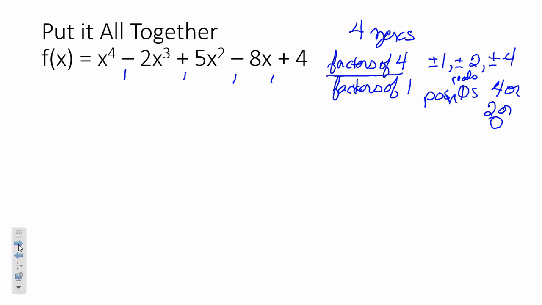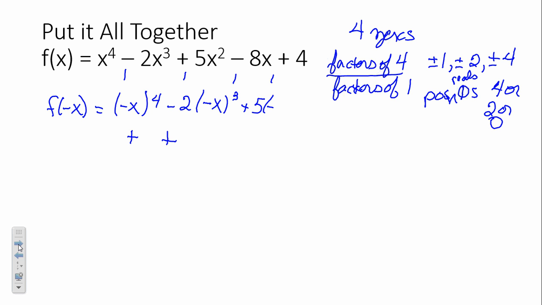Okay? Let's see if we can eliminate any negatives. When we plug in f of negative x, negative x to the 4th, negative 2 times negative x cubed, still positive, 5 times negative x squared, still positive, negative 8 times a negative x, that's a positive, and a positive 4.